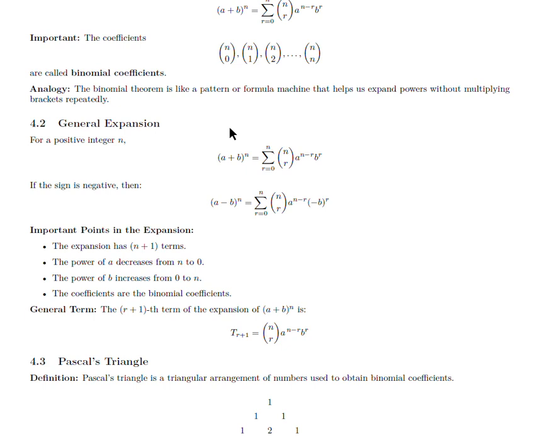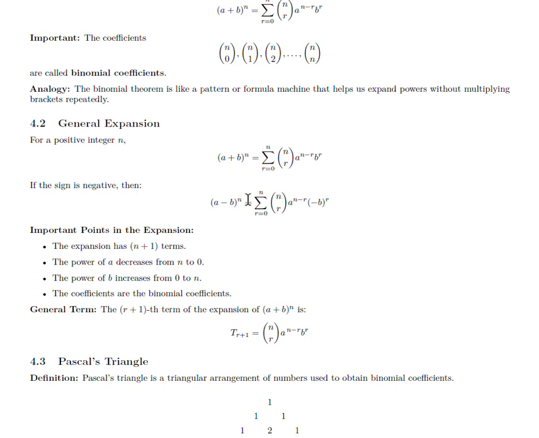If you have a plus b raised to power 3, for instance, it means you have to expand a plus b in 3 brackets, whereas you can only take 2 brackets at a time, and so it becomes very complex. And that's why the binomial expansion helps us to do such expansions, especially for large n, more easily.